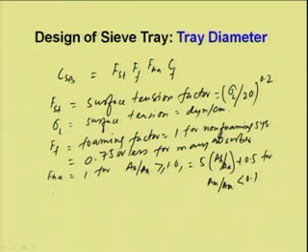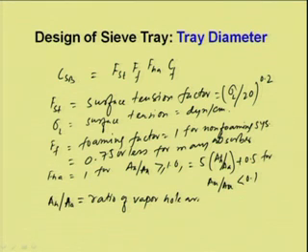So, A_H by A_A is equal to the ratio of vapor hole area to the tray active area.